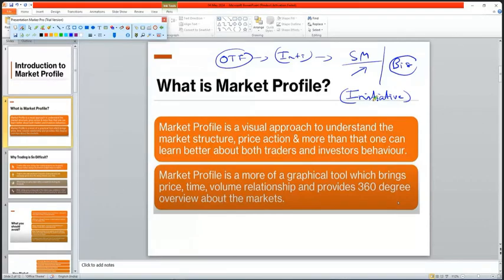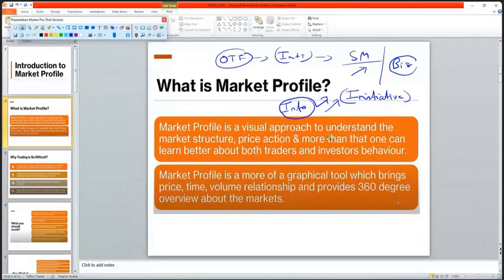So when the initiatives are happening, when the initiators enter the market, this information is very important for a trader to understand the market. How can we get this information from the chart? We need a special chart, a different way of approach.